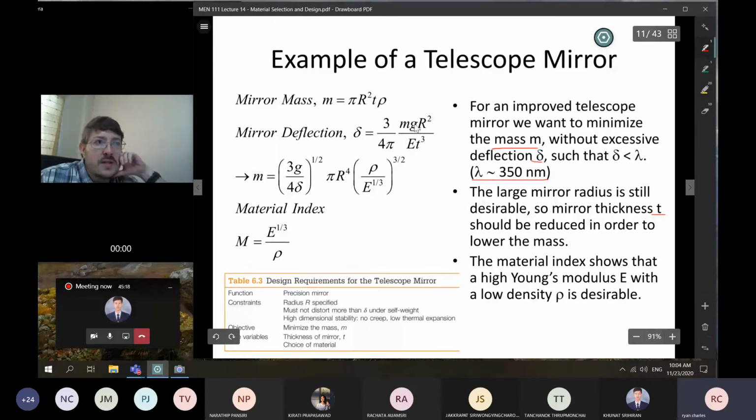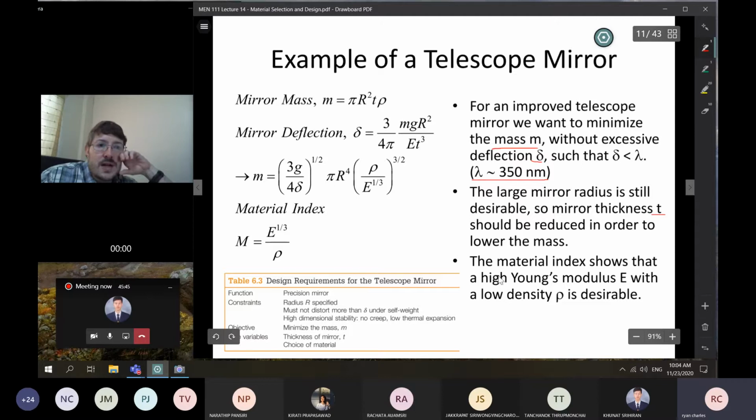So you have modulus, gravity, radius, thickness, mass. We can rearrange things, and we get mass, gravity, deflection, and pi over E to the 1/3. So here's our material index: modulus divided by density.